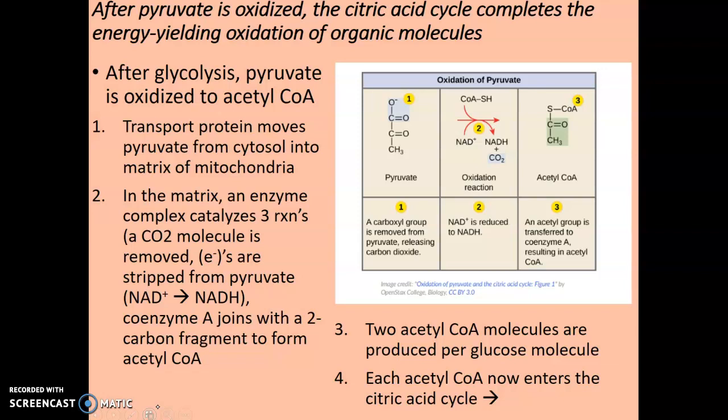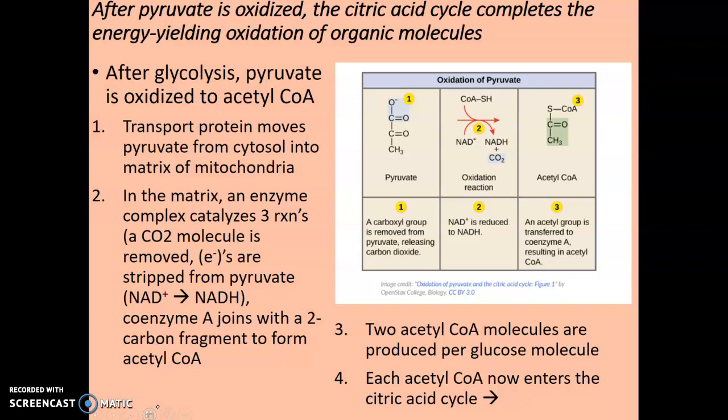In the matrix, an enzyme complex catalyzes 3 reactions. A CO2 molecule is removed and electrons are stripped from the pyruvate, and a coenzyme A joins with the 2-carbon fragment to form acetyl coenzyme A. So 2 acetyl coenzyme A molecules are produced per glucose molecule.